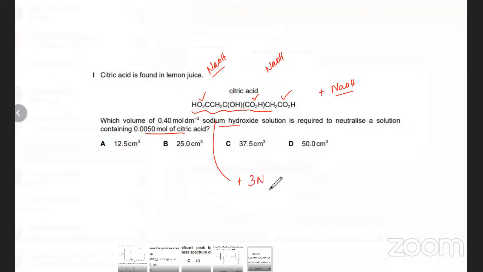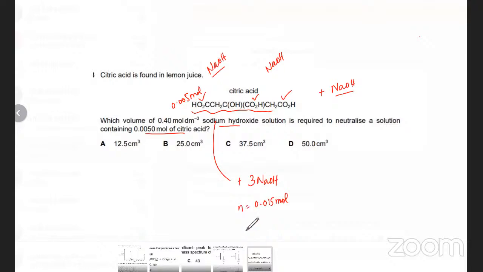It will react with 3 NaOH, right? So this is how many moles? This is 0.005 moles. According to the question, it's got 0.005 moles, and this would be 3 times that many. So it's going to be 0.015 moles, right? Is that clear? 1:3. And you're given the concentration as well.